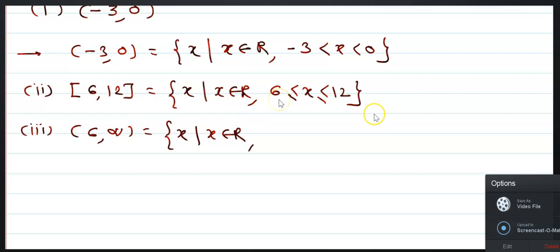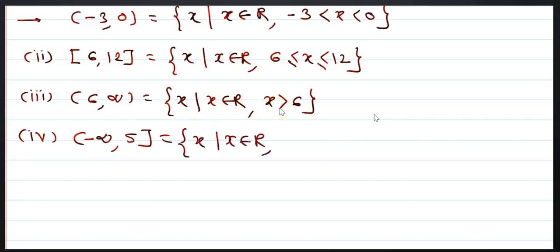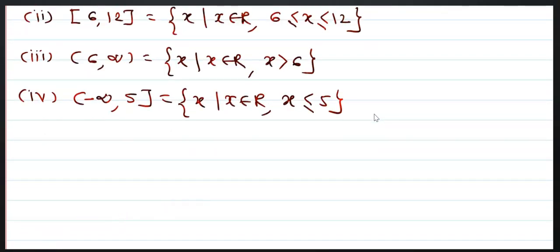Therefore x lies between 6 and 12, equal to 6 and equal to 12. Now see this again. Next, (6, infinity): x is such that x belongs to the set of real numbers and x is greater than 6.